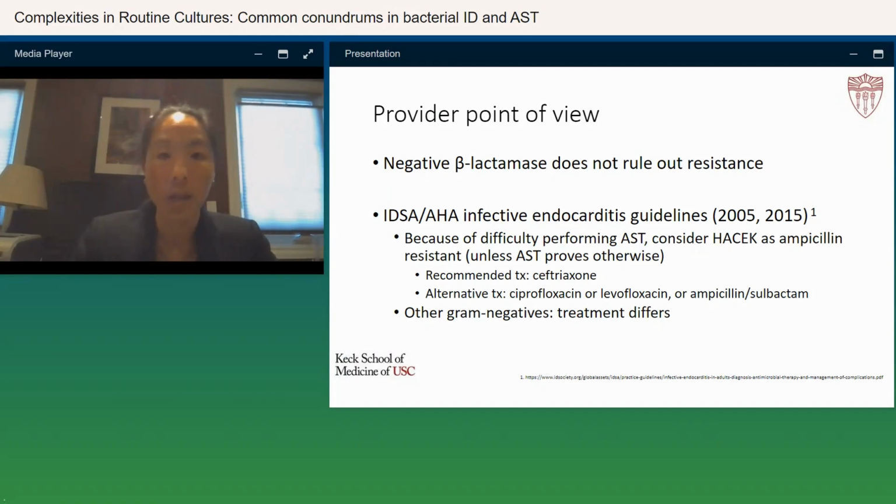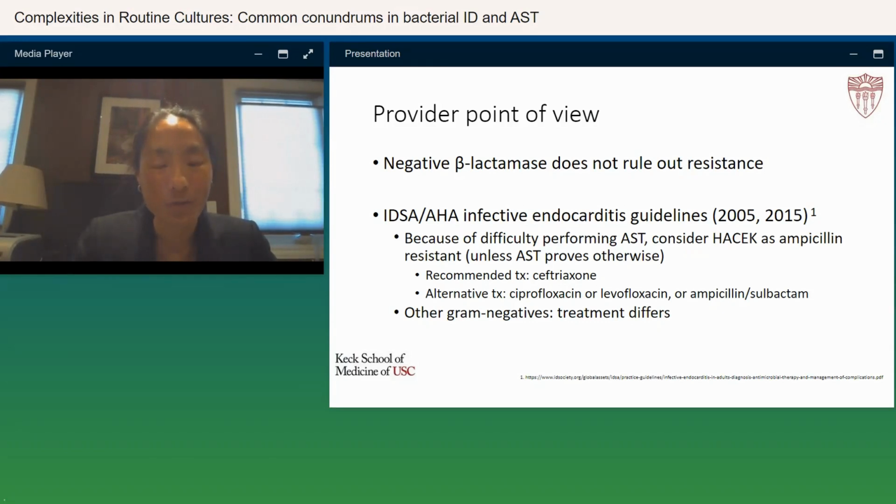And I'll show you some data on why they provide these guidelines, to control for the absence of susceptibility test data. So the recommended therapy in those cases is ceftriaxone, which the patient was on. And there are some other alternative treatment regimens provided in the guidelines.